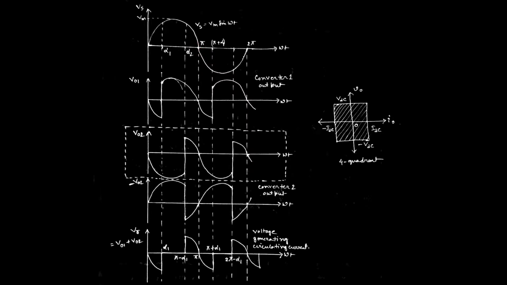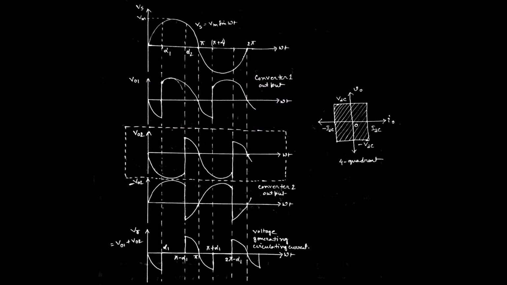After that, from pi to the particular point alpha plus pi where the next triggering pulse is given, the output voltage will take this shape, from this one to this one. Next we apply the next triggering pulse for the next half cycle, then the cycle will be repeated. So this is the waveform from converter 1.